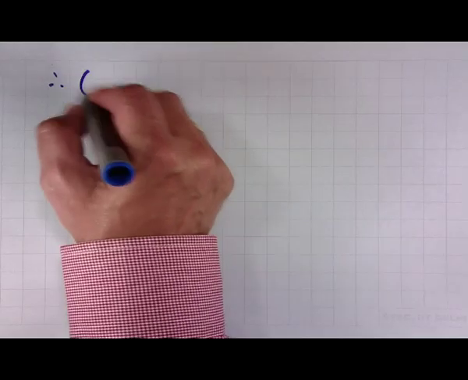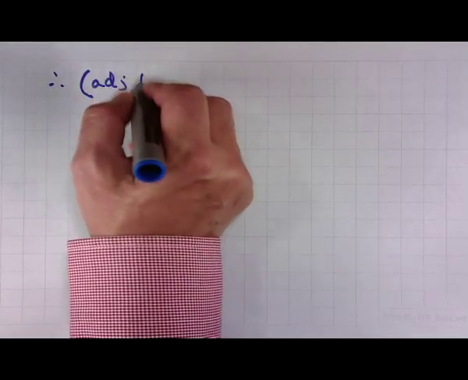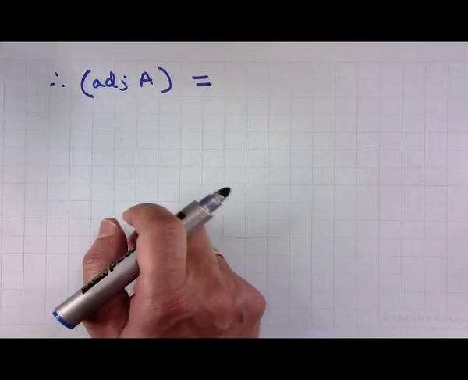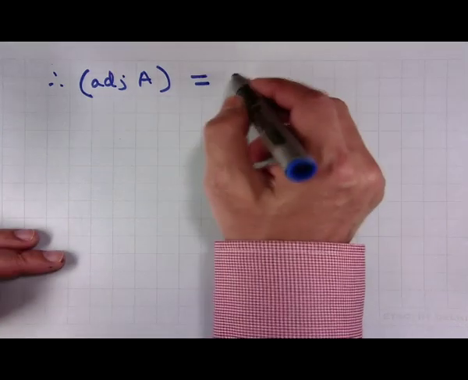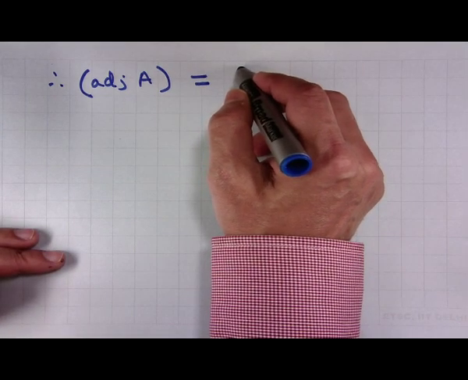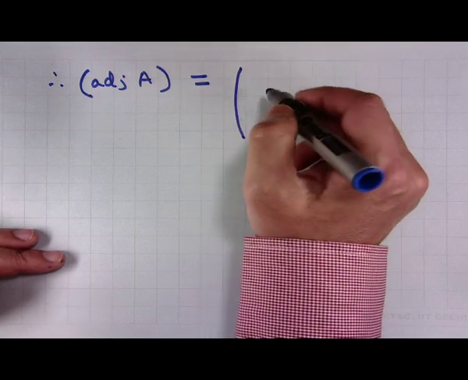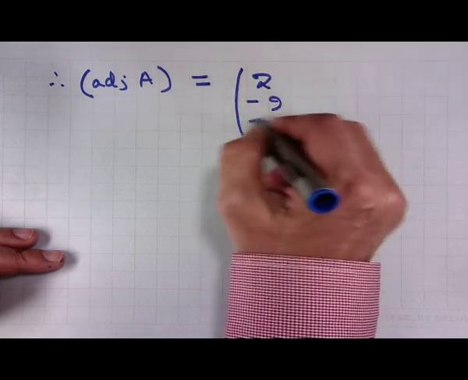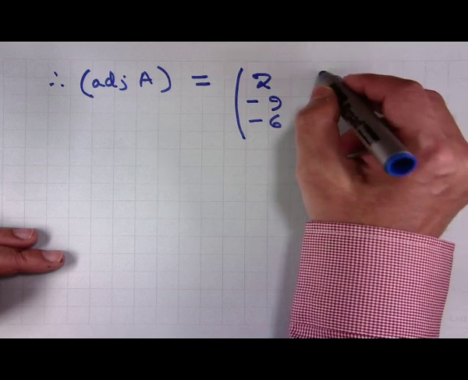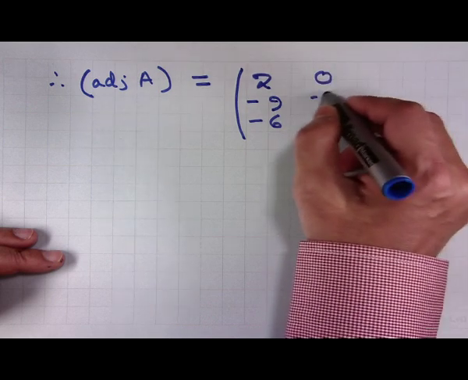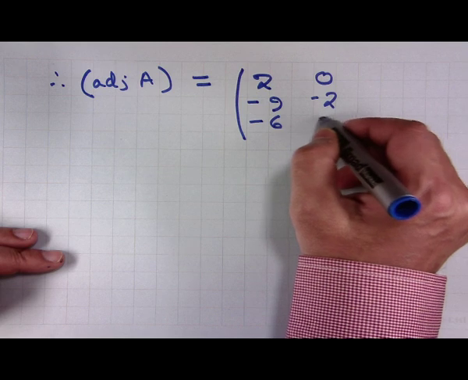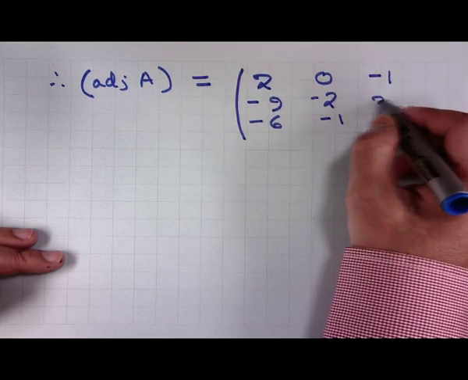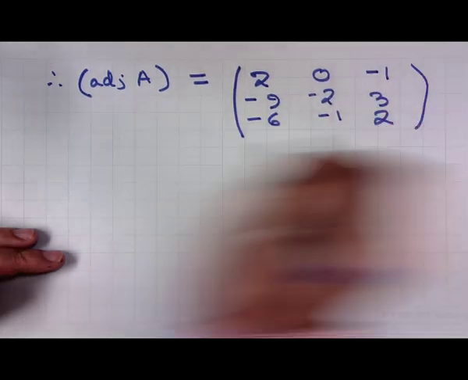Therefore, the adjoint of A we get by writing the transpose of that matrix, which is equal to 2 minus 9 minus 6, 0 minus 2 minus 1, minus 1 3 2.